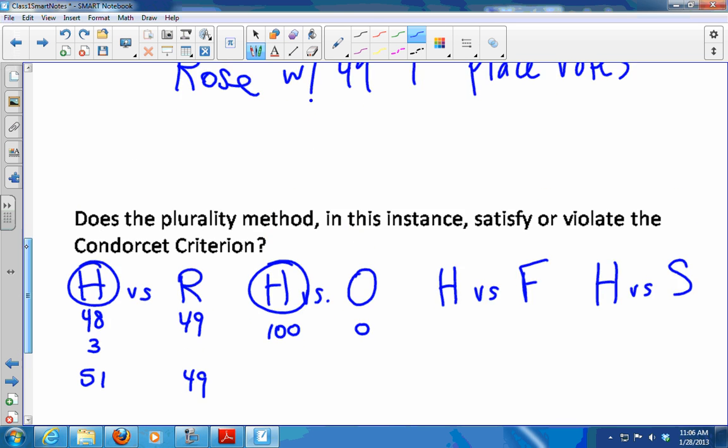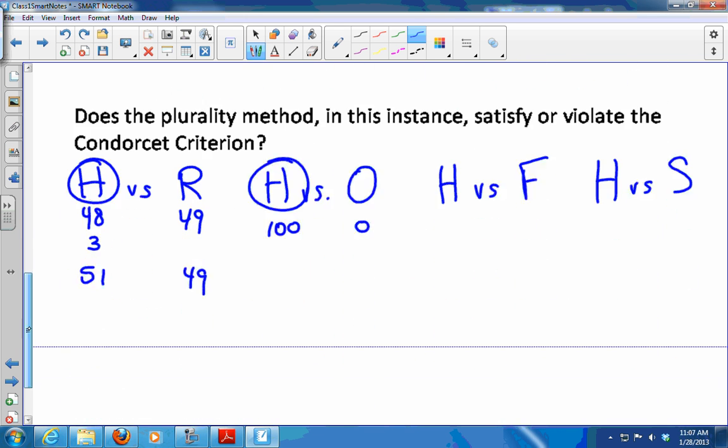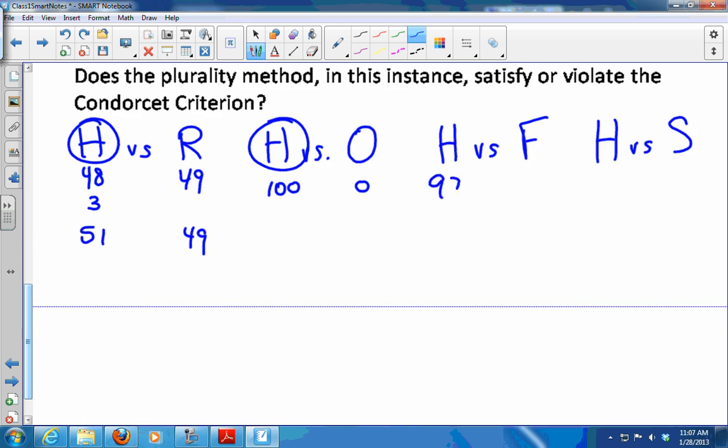All right, how about Hula versus Fiesta? 49 people, Hula. These 48 would choose Hula, ranked way above Fiesta. And these 3 would choose Fiesta. So we have 97-3, Hula to Fiesta. So Hula wins that one.